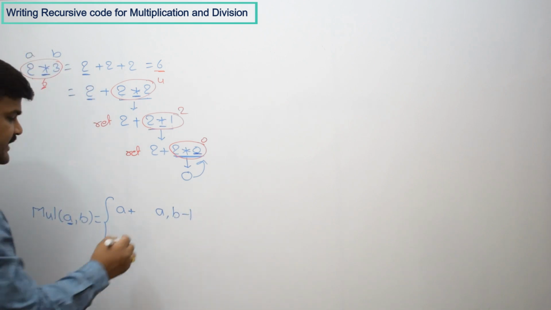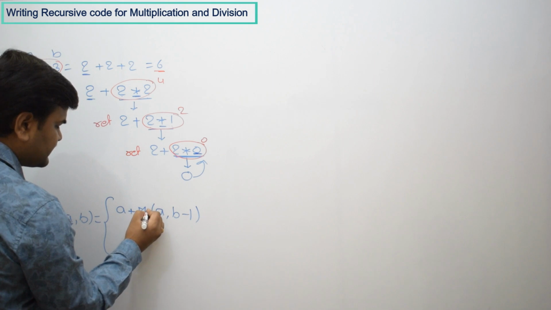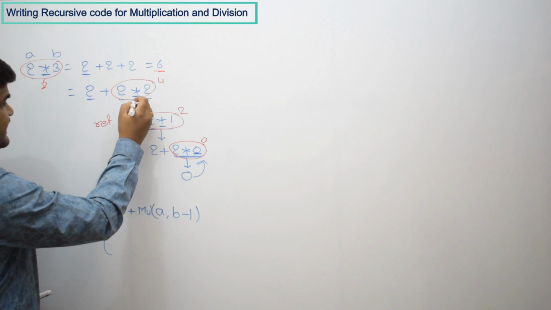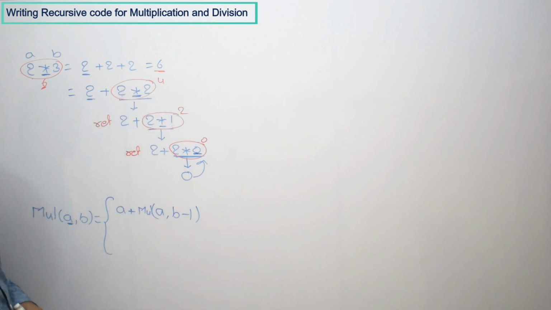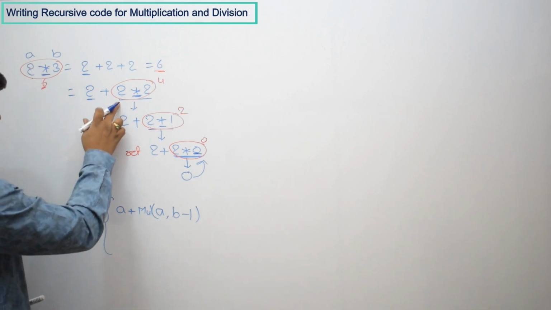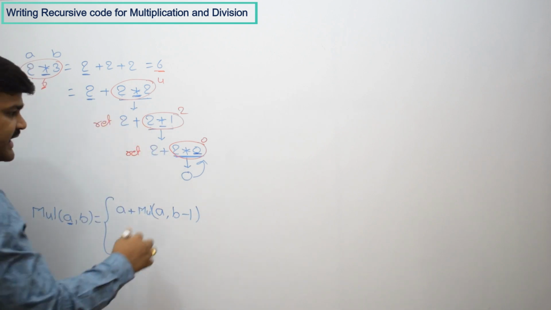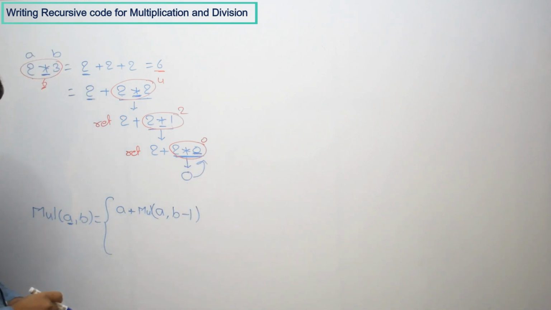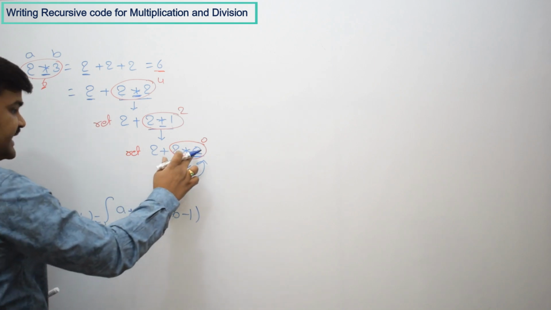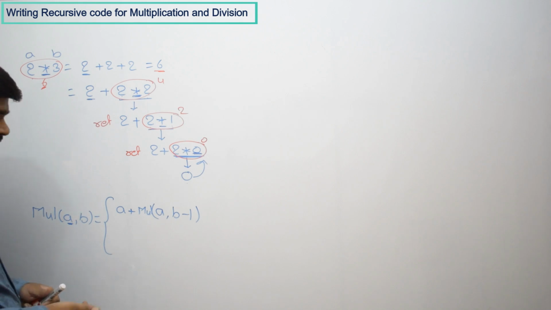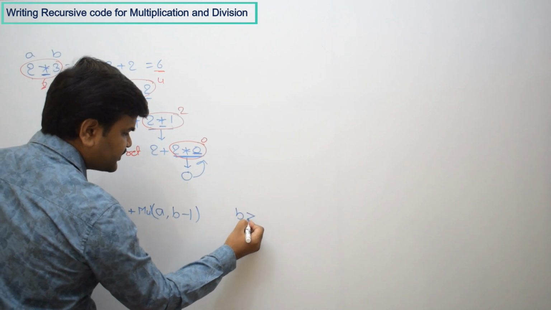So we are calling the same function, the same function name, here. Until what time do you do this? Whenever B reaches 0, you have to return 0. If B is not 0, that means B is greater than 0, then you have to continue this step.